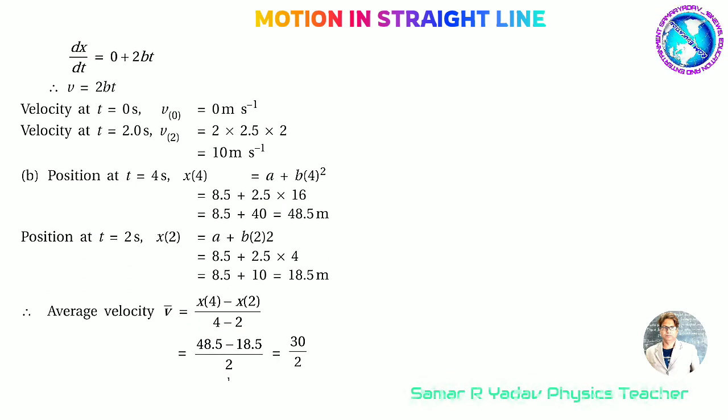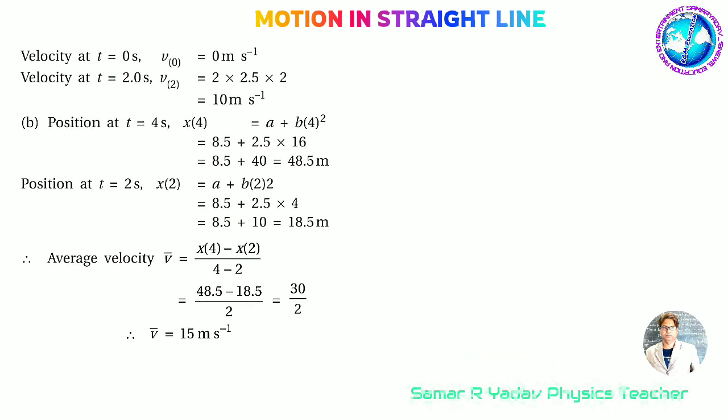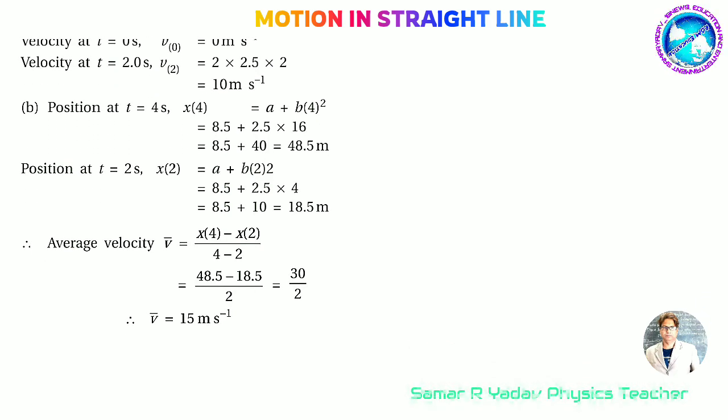Position at t is equal to 2 second: x2 is equal to a plus b into 2 into 2, which is equal to 8.5 plus 2.5 into 4, which is equal to 8.5 plus 10, which is equal to 18.5 meter. Average velocity v is equal to (x4 minus x2) upon (4 minus 2), which is equal to (48.5 minus 18.5) upon 2, which is equal to 30 by 2. Therefore, v is equal to 15 meter per second.